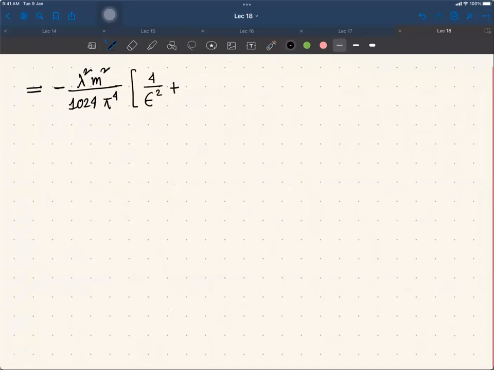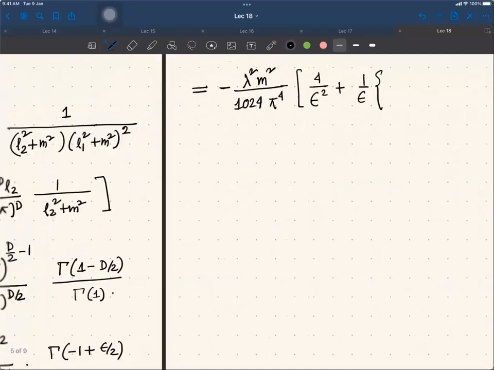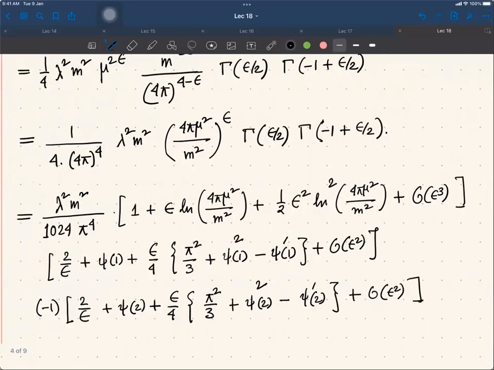Then let's next look at 1 over epsilon terms. One over epsilon will be obtained by multiplying 1 over epsilon and order 1. So that is 2 times psi 2. Another term will be 1, this one, order 1, and 1 over epsilon. That is 2 times psi 1. So 2 times psi 1 plus psi 2.